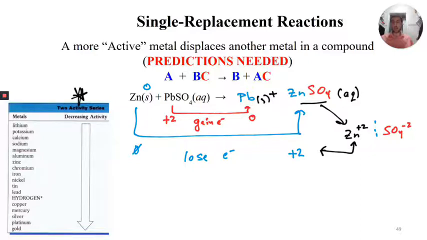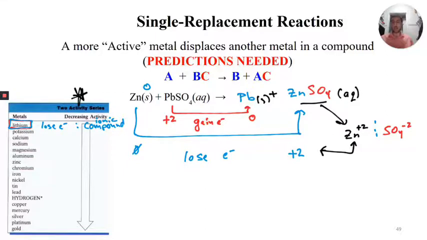So lithium being at the top is very, very, very active. By being more active, it wants to lose electrons and thereby become a compound, or go into an ionic compound.